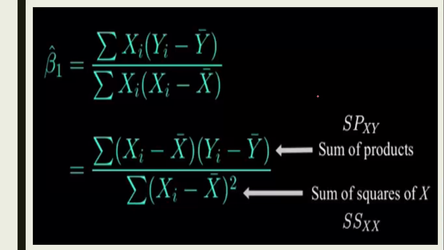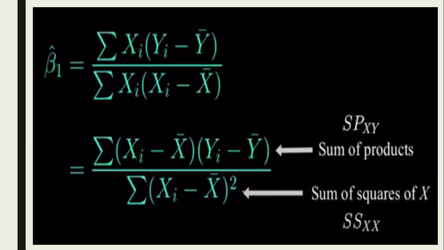This is one way of expressing the formula for beta 1 hat, but we don't typically write it in this fashion. We often write it in this way. It might not be obvious, but these two numerators are equivalent and these two denominators are also equivalent.